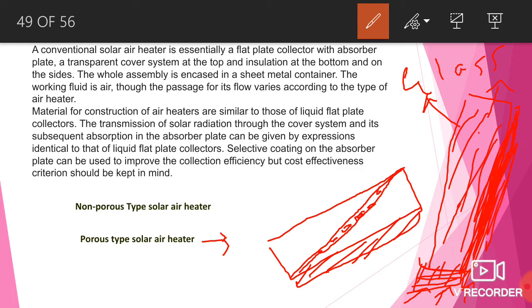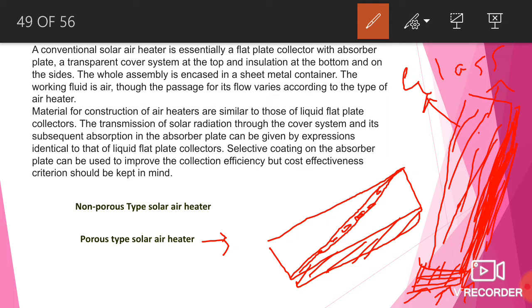So the main drawback of the non-porous absorber plate is the necessity of absorbing all incoming radiation over the projected area from a thin layer over the surface, which is in the order of a few microns. Unless selective coatings are used, radiative losses from the absorber plate are excessive.